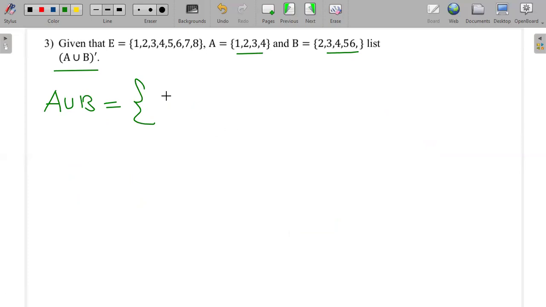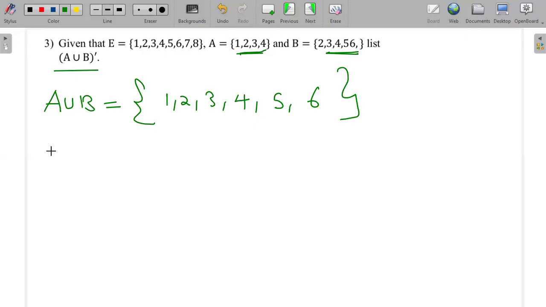So there it will be 1, 2, 3, 4, okay, and then 5, and then 6. So this is my A union B. I've just combined everything here with everything here, making sure that those that are appearing in both of those sets there, I'm just writing them once.